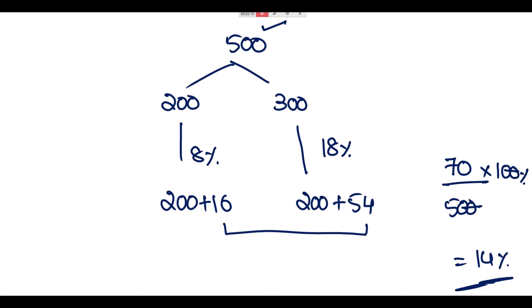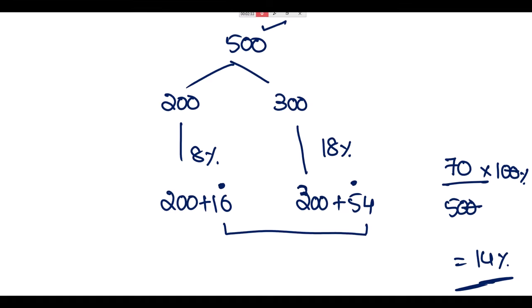There are many ways. Instead of 50 cases, let it be 500 rupees: 200 rupees with 8% profit, 300 rupees with 18% profit. Profit in the first one is 16 rupees, here it is 54 rupees.